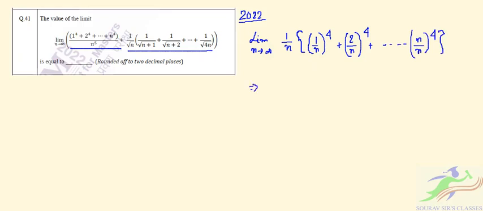And if we take this limit as n tends to infinity, 1 by n, you can write it as the summation over r equal to 0 to n of (r by n) to the power 4.